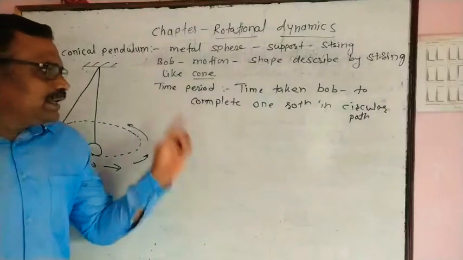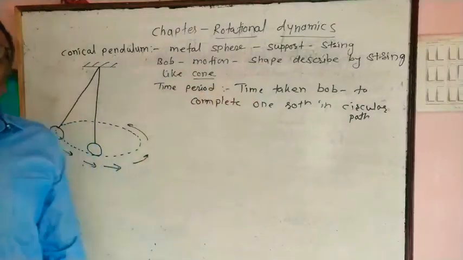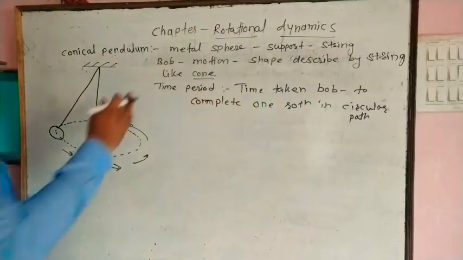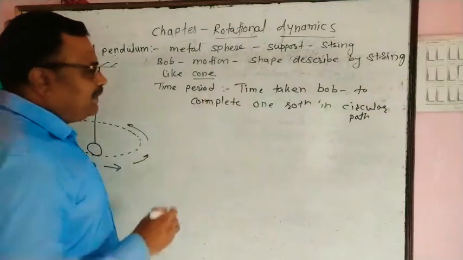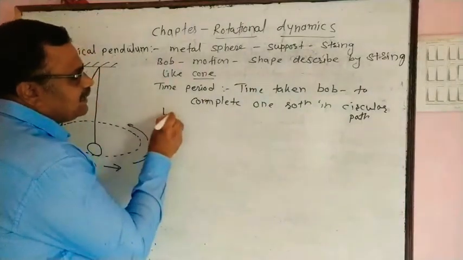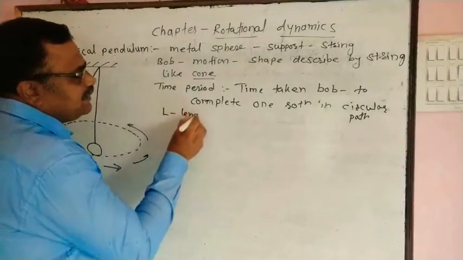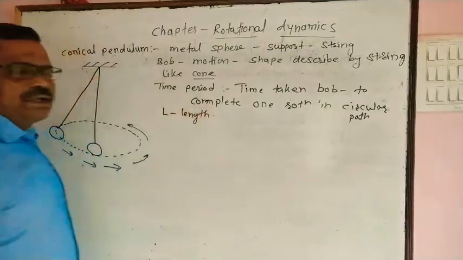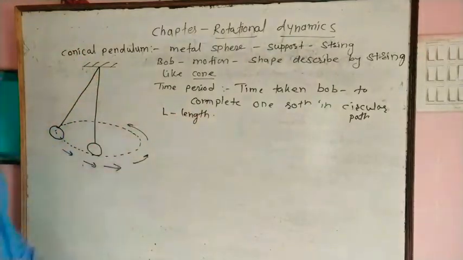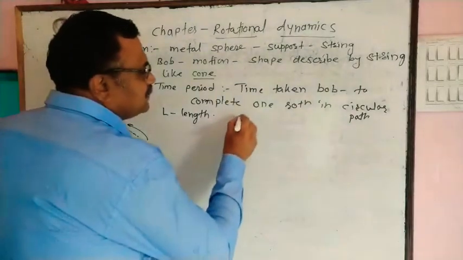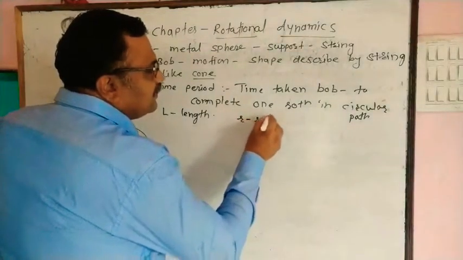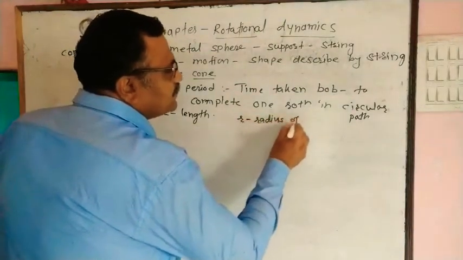Now we calculate the expression for the time period of the pendulum. To calculate the expression, let us consider L represents the length of the pendulum, and suppose R is the radius of the circular path.